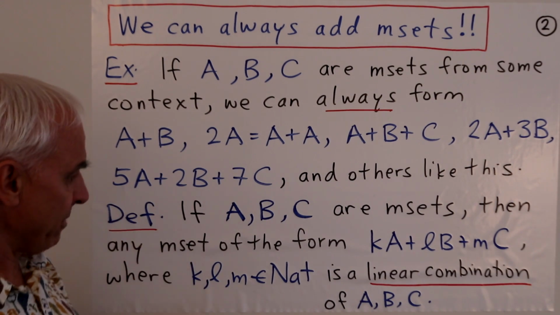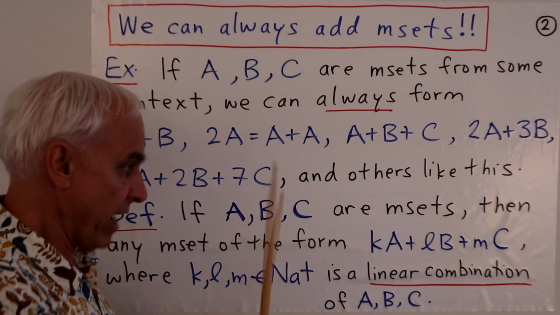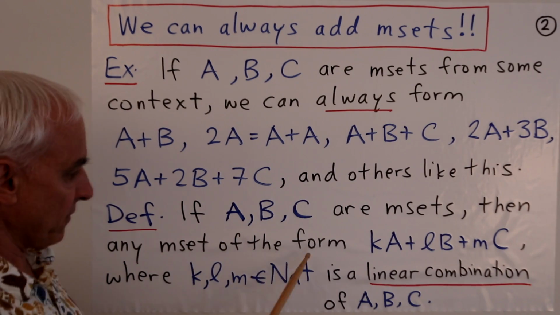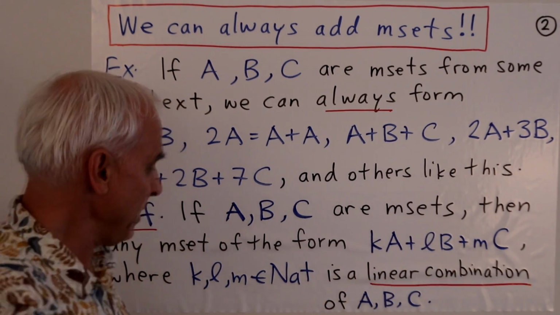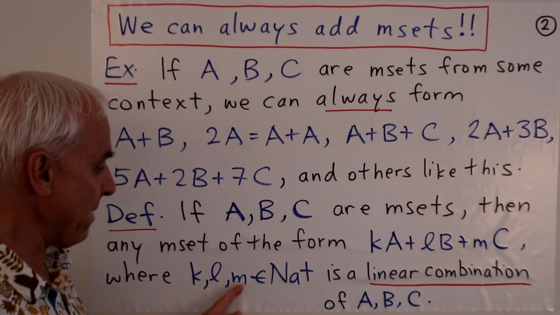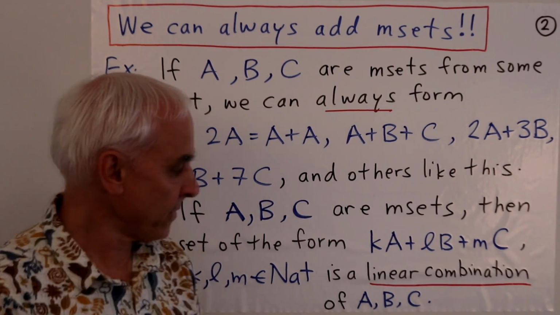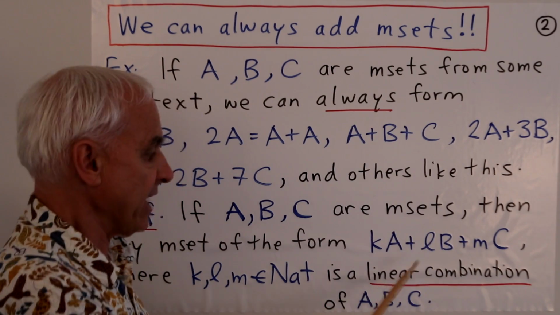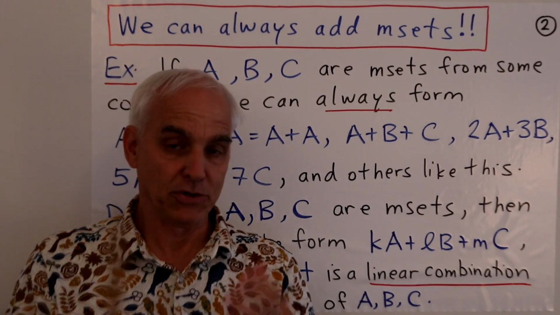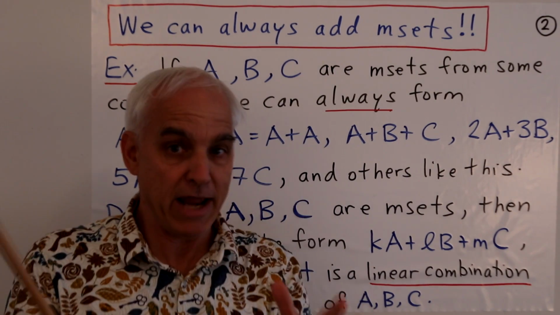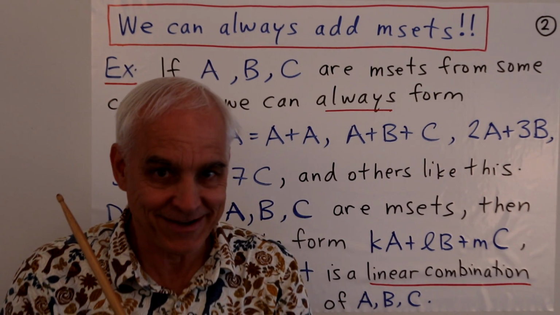Okay, so motivated by this, let's say that if A, B, and C are msets, then any mset of the form Ka plus Lb plus Mc, where K, L, and M are natural numbers, any such mset is a linear combination of A, B, and C. So we'll introduce this idea of a linear combination of msets.